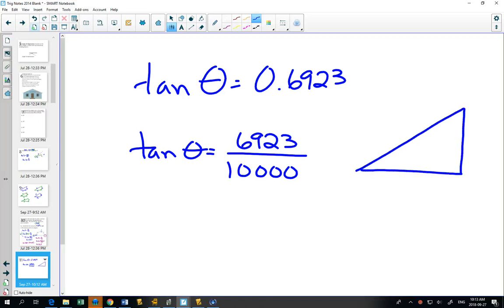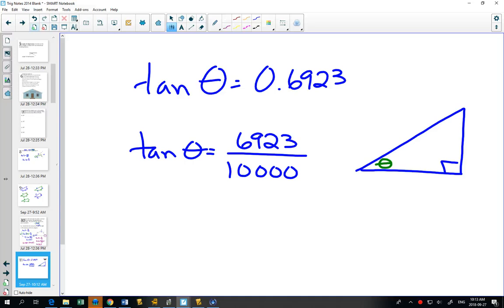I'm not drawing this to scale. If this was meters, that would be crazy. But if this, you decide, is your angle theta, and this is my ratio, the definition of tangent says tangent of an angle is the opposite side divided by the adjacent side.